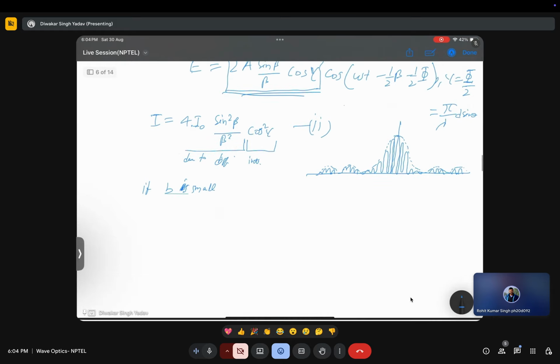Then this sine square beta by beta square basically will have no variation with theta, right?